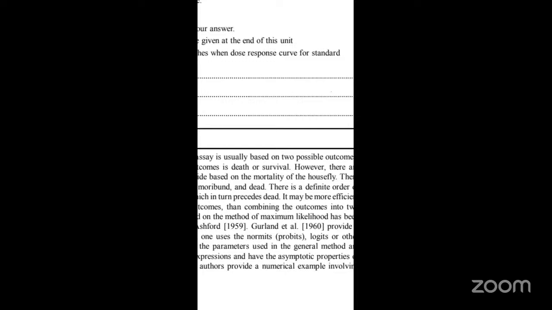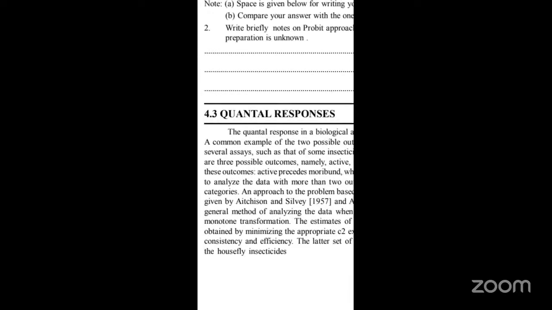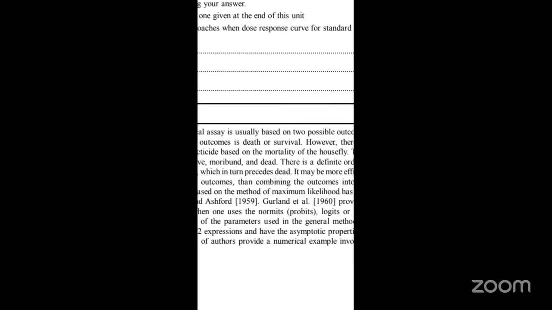A common example of the two possible outcomes is death or survival. However, there are several assays, such as that of some insecticide based on the mortality of the housefly, where there are three possible outcomes, namely active, moribund, and dead.